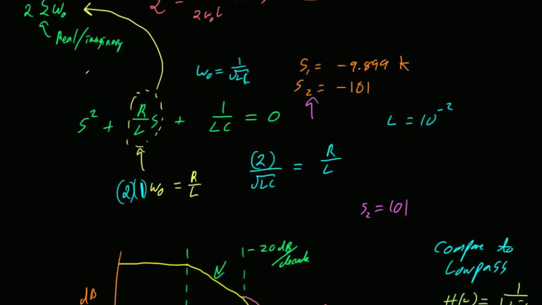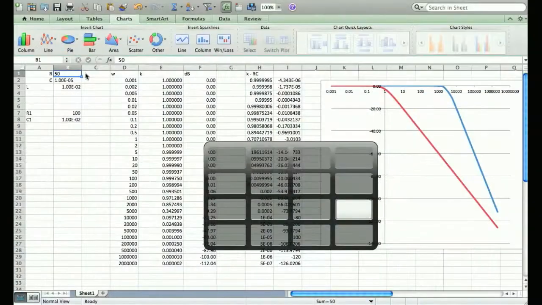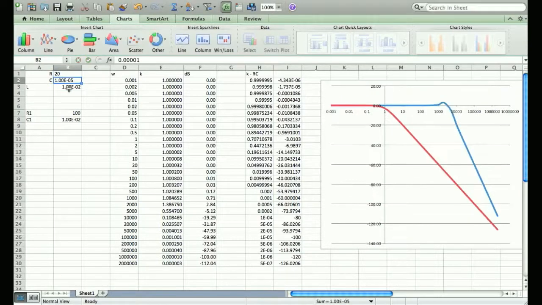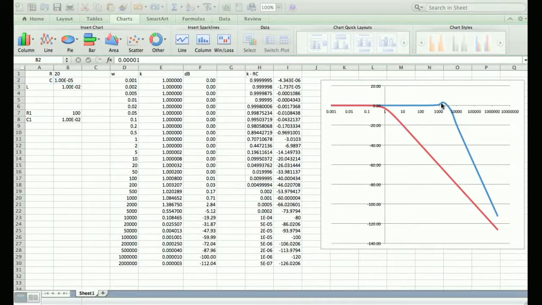Yeah, that's the problem. It was my fault. Okay. So this is 20 here. Okay. That's what happens. I think I had the wrong value in for L. I think I had 100.